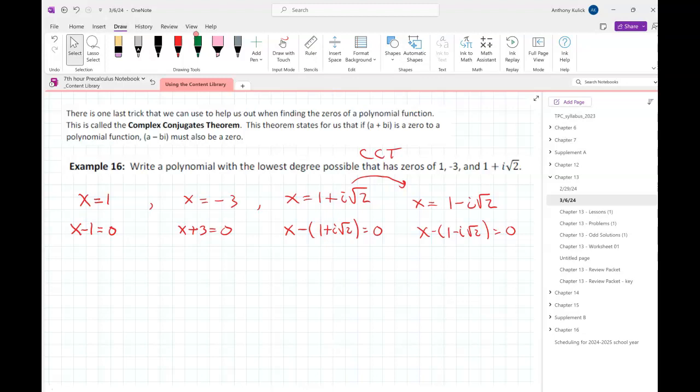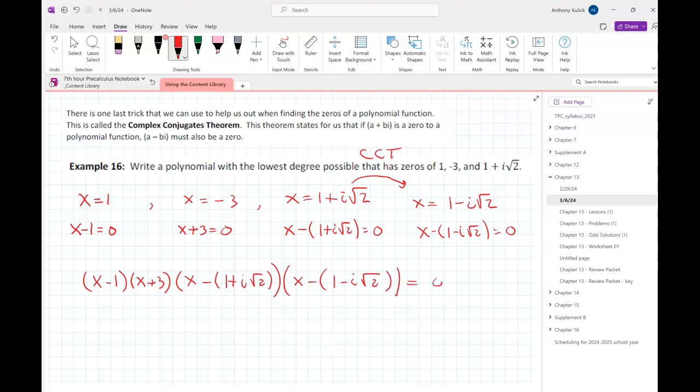All right. So now I've translated these 4 zeros into 4 factors, right? Now I'm going to multiply these 4 factors together. Everybody's okay there?